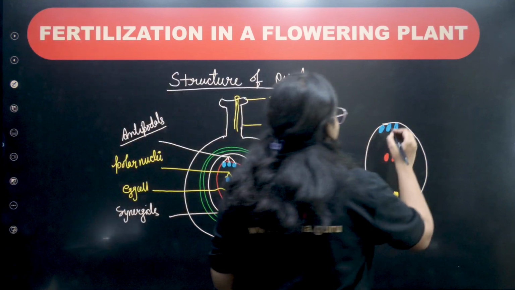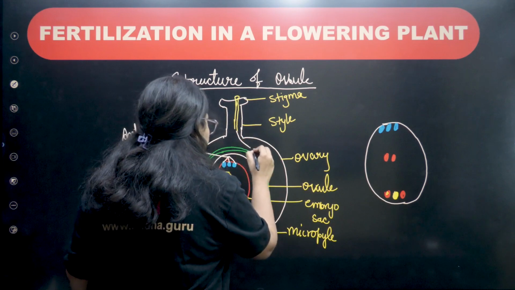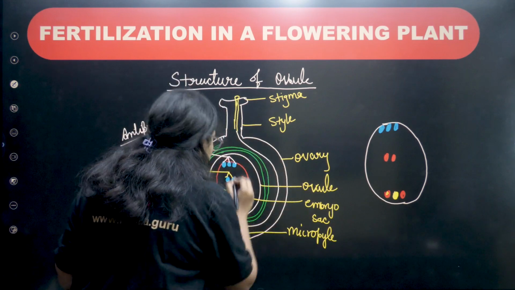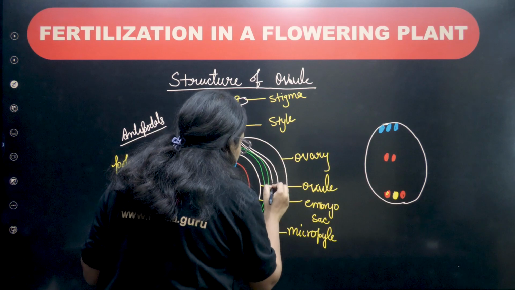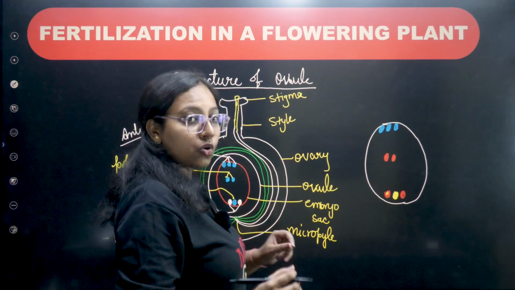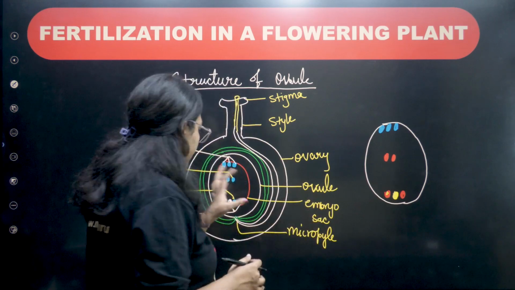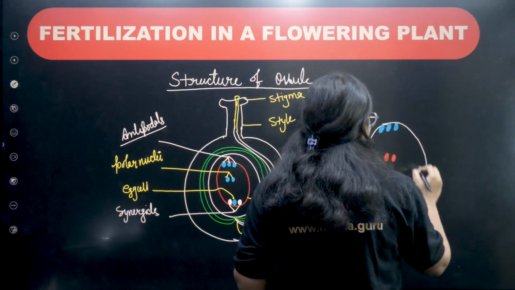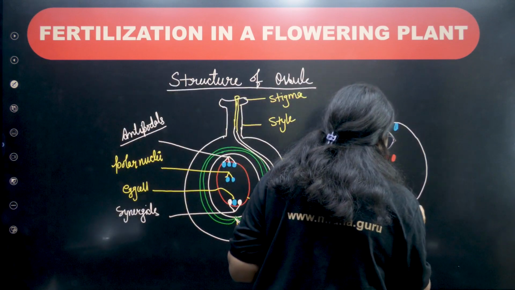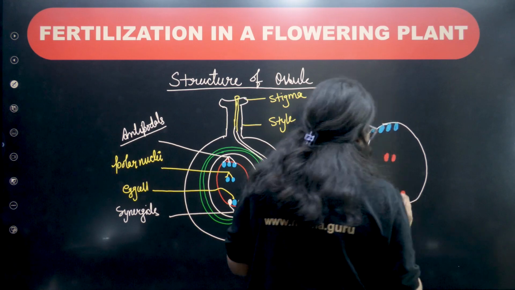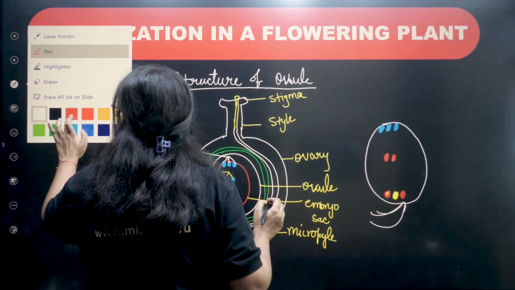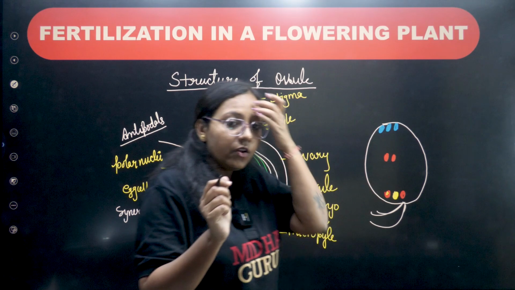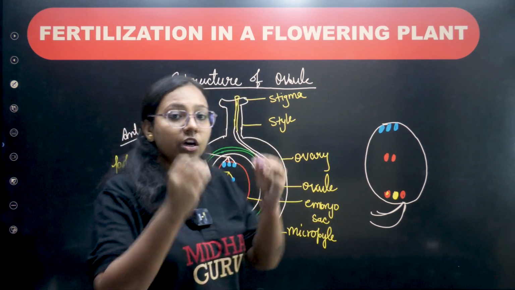And now let's understand what happens. See, the pollen tube grows like this, and this movement is also called chemotropism, which I have explained earlier. So when our pollen tube comes in this way, it enters. As I told you, there are three cells, but one cell is only for the growth of the tube.